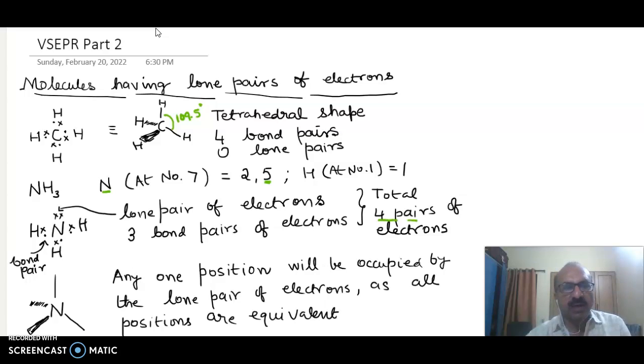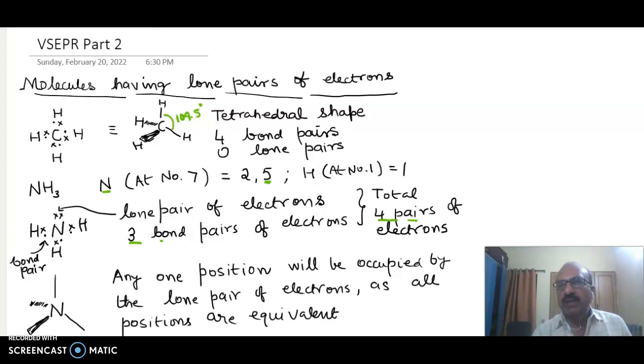So it's a case similar to methane, but it has 3 bond pairs. The electron pairs which are shared with the hydrogen are the bond pairs, and this one is the lone pair.